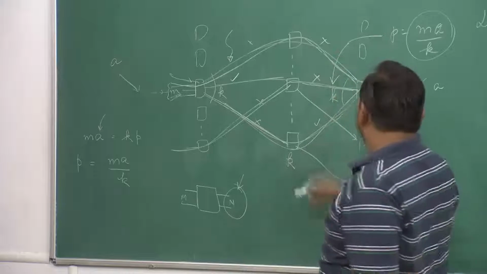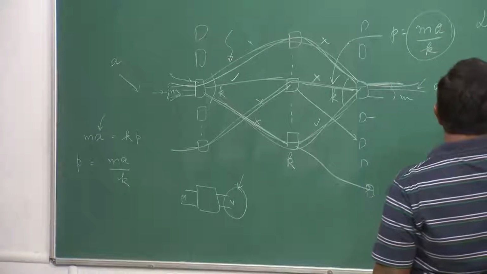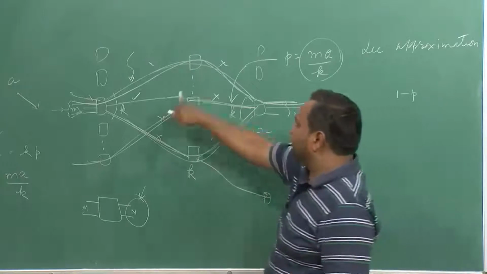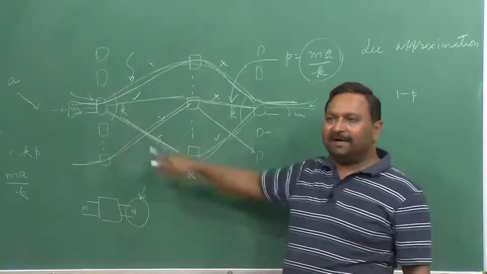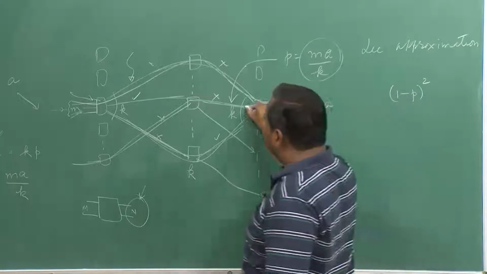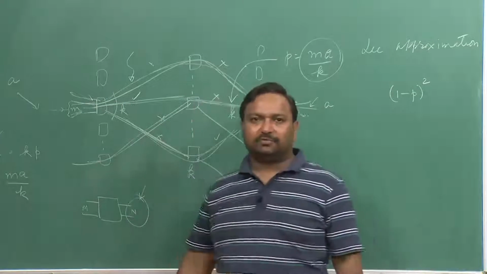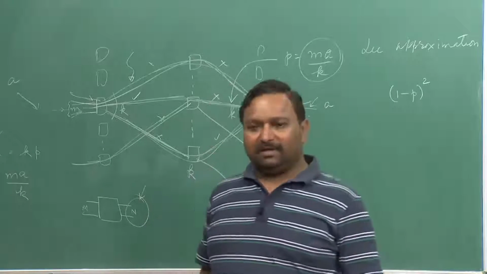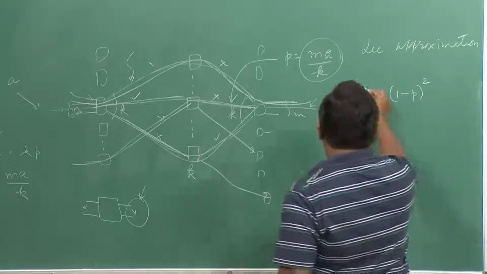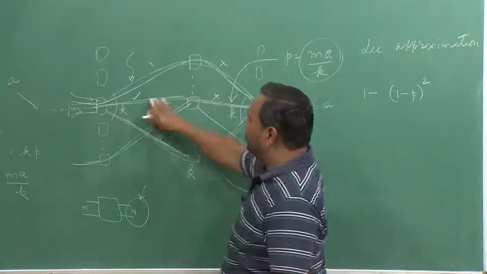The probability that this link is not occupied is 1 minus p, and this link is also not occupied with 1 minus p, so (1 minus p) square is the probability that this path is not occupied and can be used. Okay.